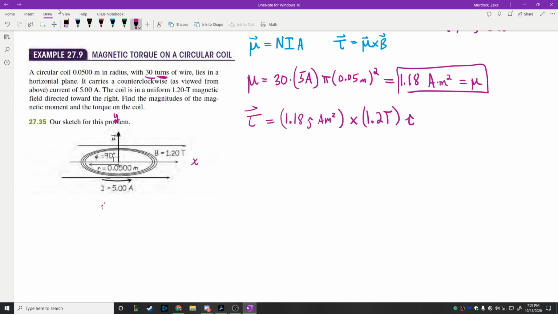So we do j cross i. It's negative k. So the math is easy. The concept is what's hard.